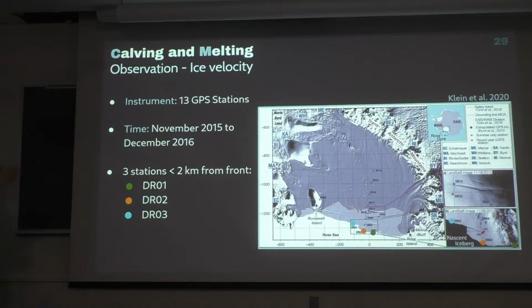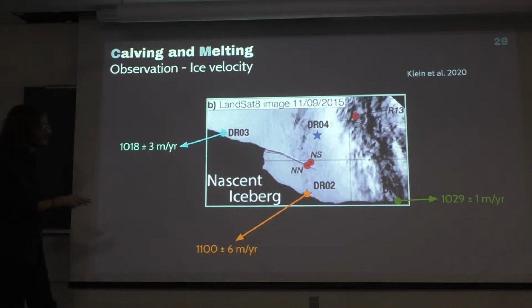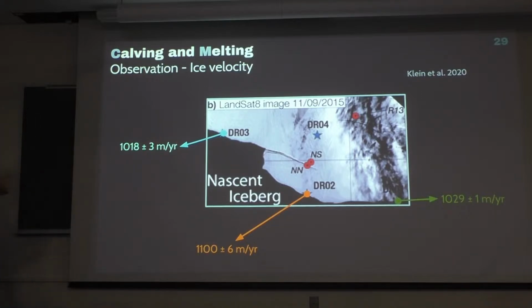So these three GPS stations can give you the speed of the ice, not the front, basically at the location of the front. And so you can compute the speed for these 3 locations, and this is the value that you have here. The plus or minus is not the uncertainty, it's actually the temporal variability. There is very small temporal variability. The ice advances at a very uniform pace.